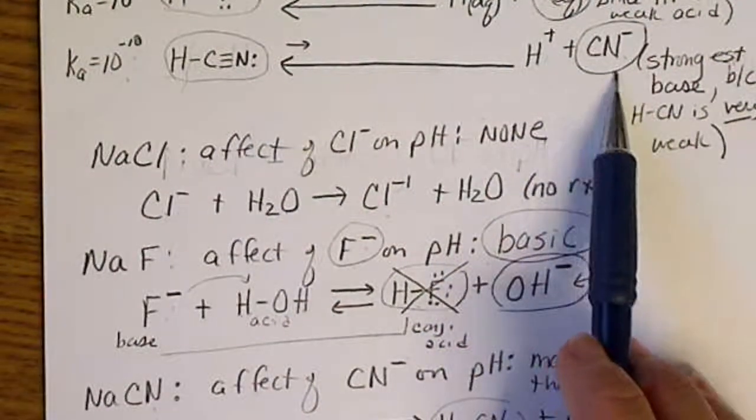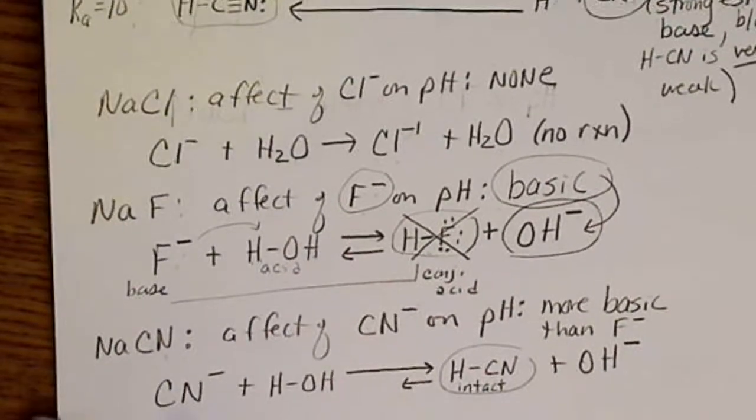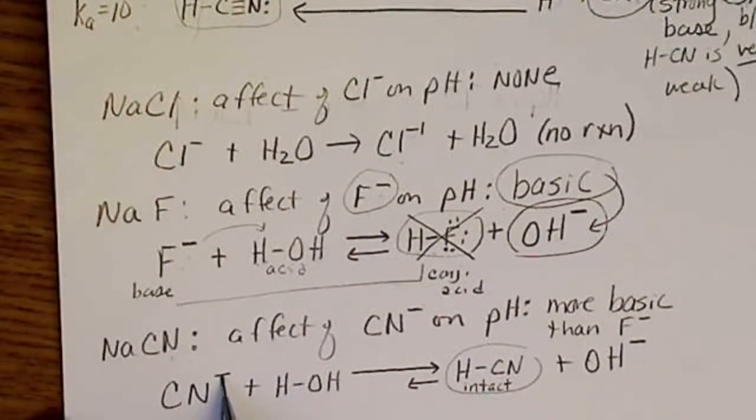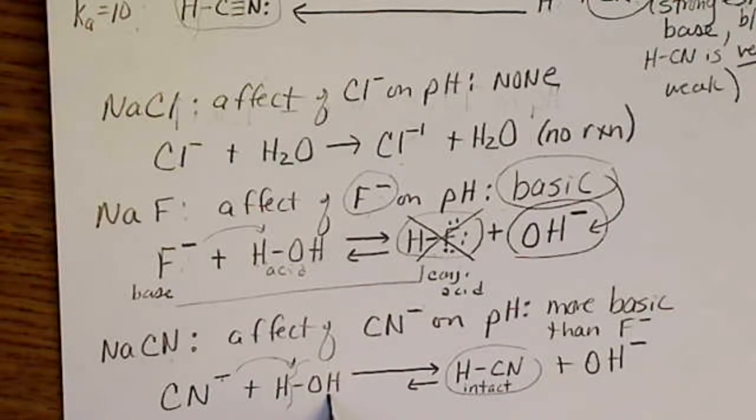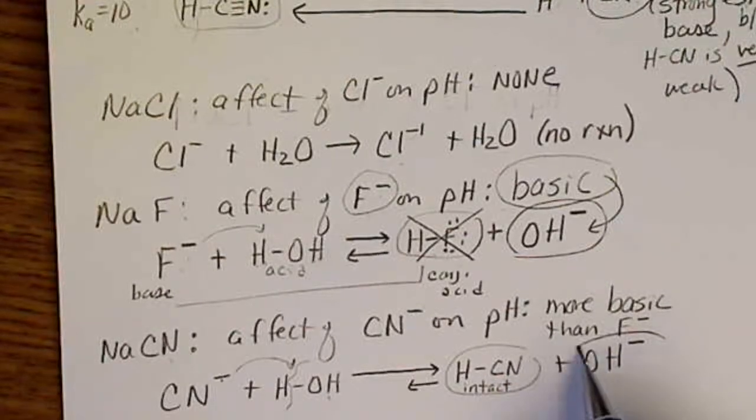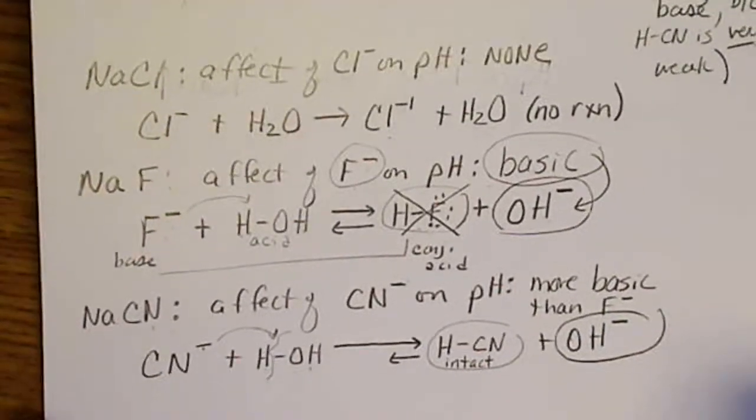So if we put cyanide in solution in the presence of a salt, that cyanide ion will react with water. Again, it will pluck a hydrogen ion off of water, make the intact HCN molecule, and leave hydroxide behind.